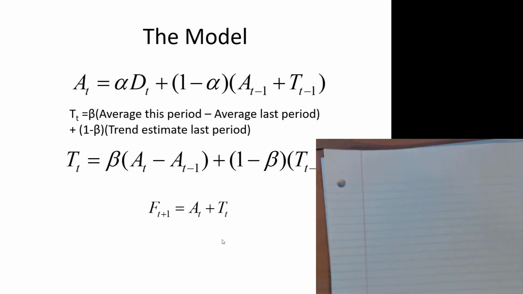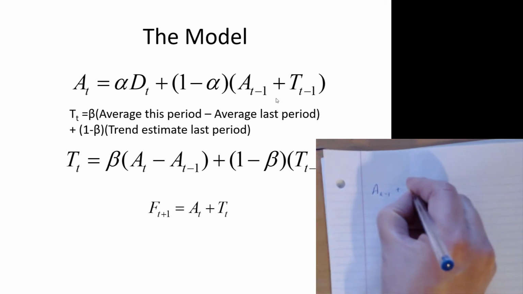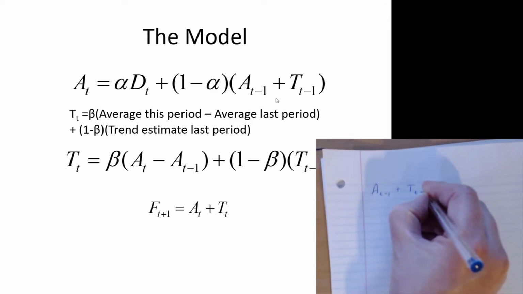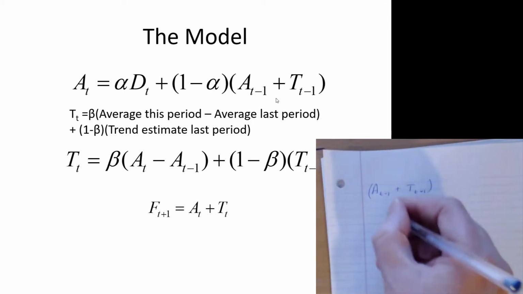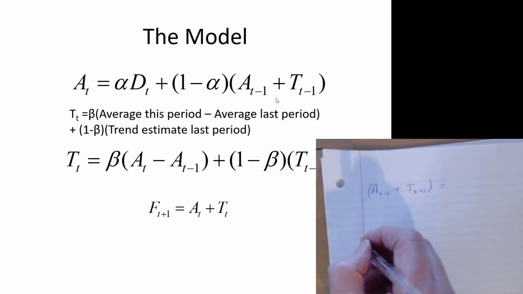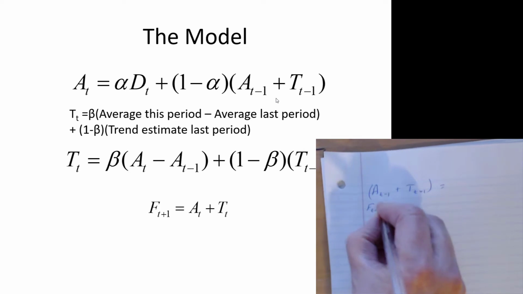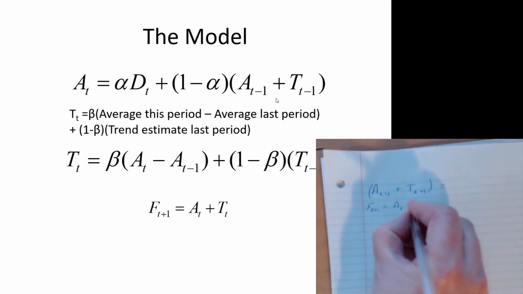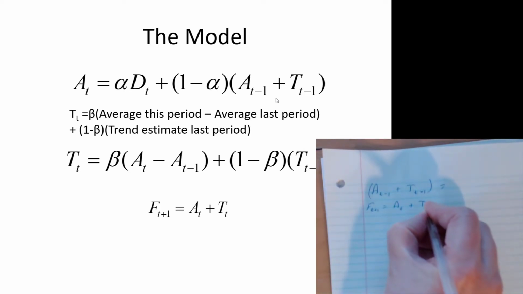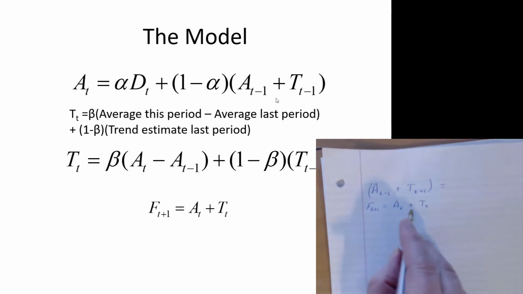If I look at those subscripts really carefully, I notice something: A_t-1 plus T_t-1, which is in the average formula. And then I look at F_t+1 equals A_t plus T_t. Well, if I subtract 1 from all of these, what do I get?